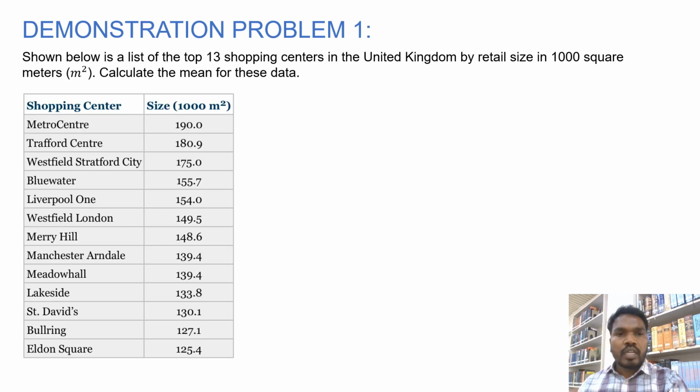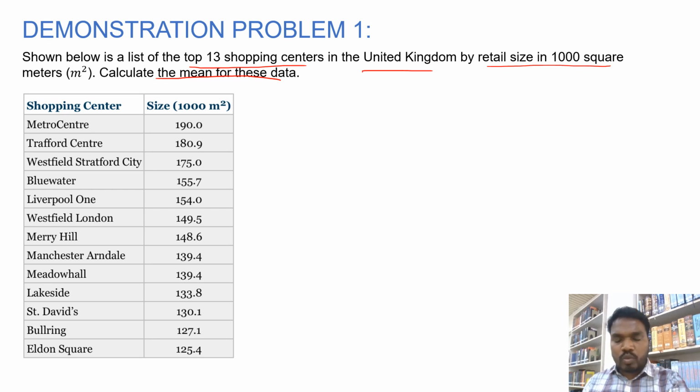So here I have a data set: the top 13 shopping centers in the UK by retail size in 1000 square meters. These are the shopping centers, and this is the size. Now I want to find the mean of this data set. We know that this is ungrouped data, right?